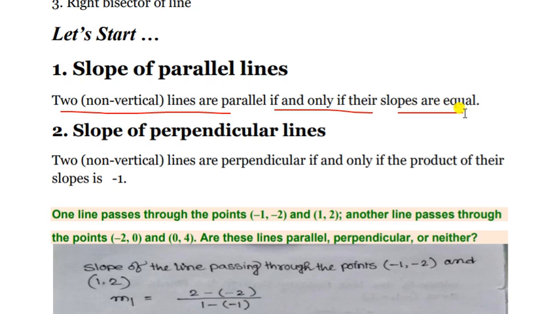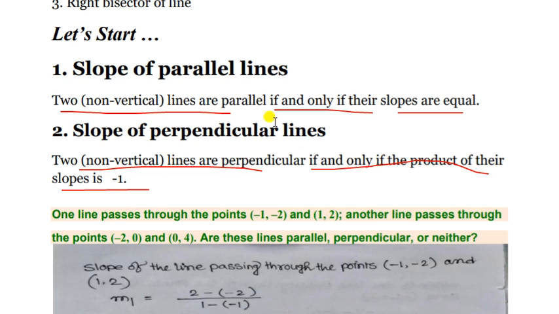For perpendicular lines, if and only if the product of their slopes is -1. When the slopes are equal, the lines are parallel. When the product of their slopes is -1, the lines are perpendicular.